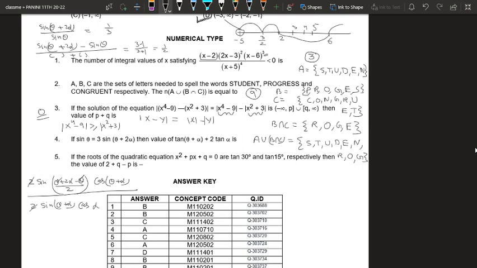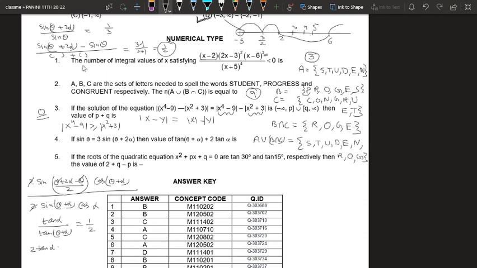So we get tan alpha over tan theta plus alpha is equal to 1 by 2. So tan theta plus alpha plus 2 tan alpha.